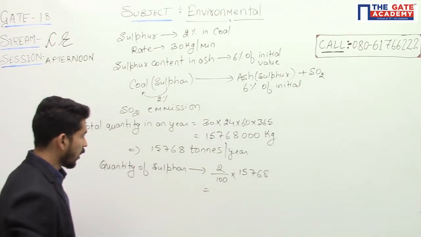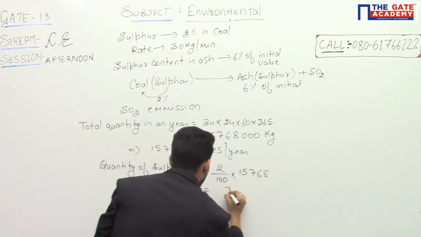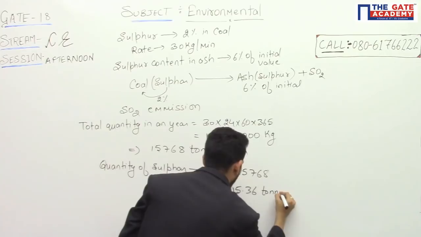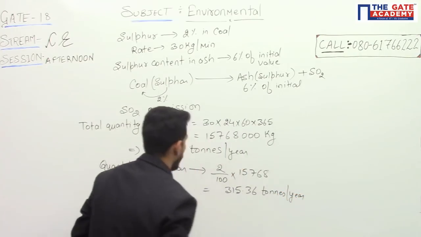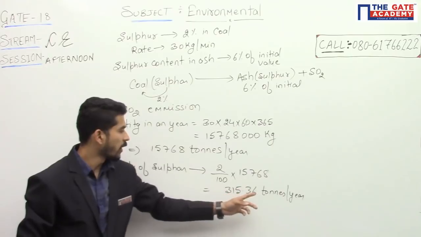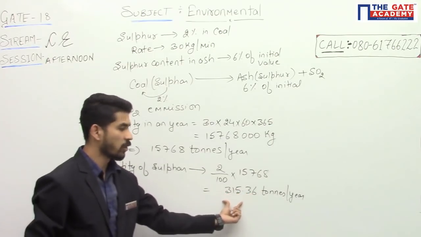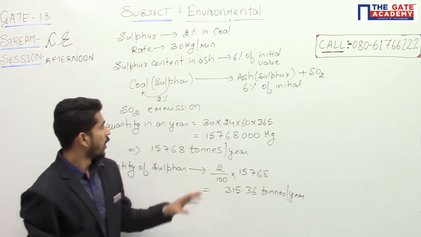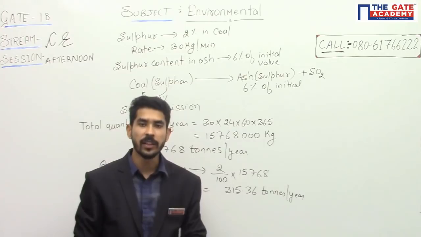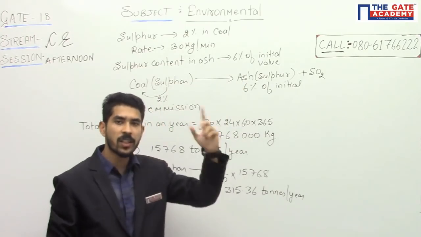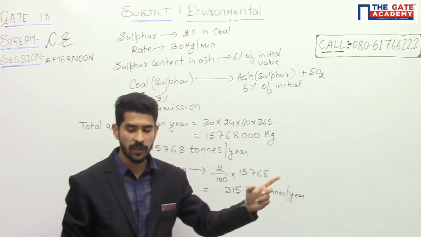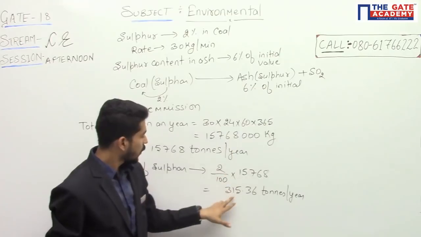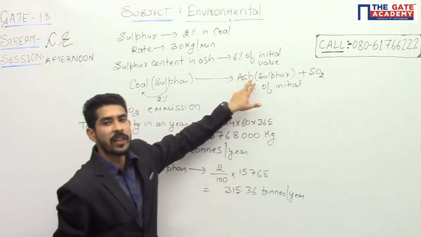So this value is around 315.36 tons per year. So this much is your total quantity of sulfur inside the coal. Now what he says is 6%. The sulfur content in the ash is 6% of the initial amount of sulfur which is present in the coal. That means out of this much sulfur, 6% of this value is inside the ash.